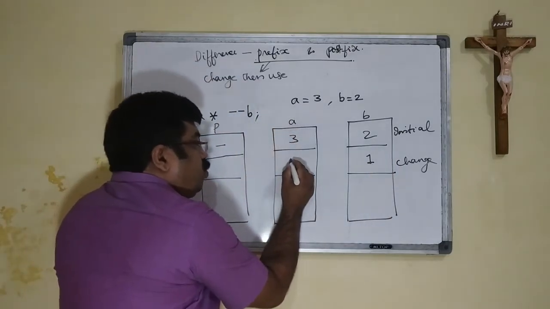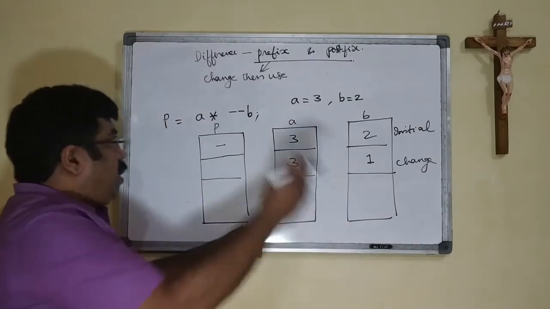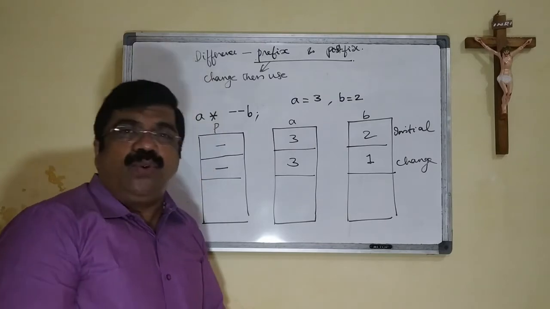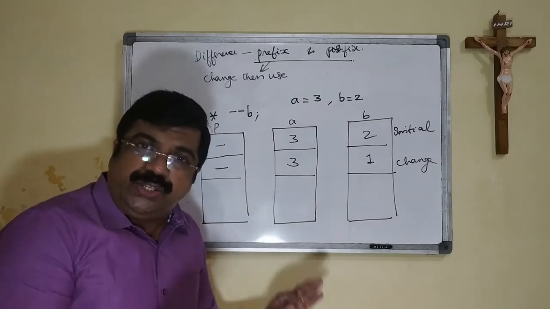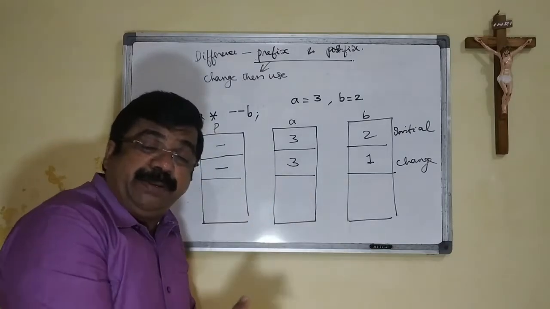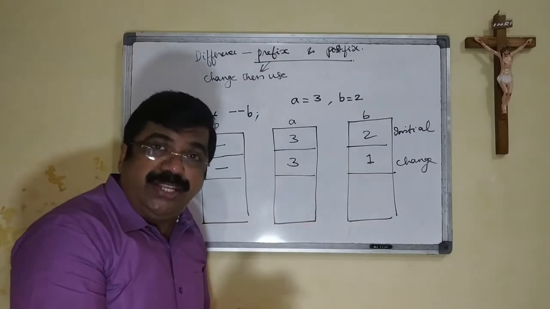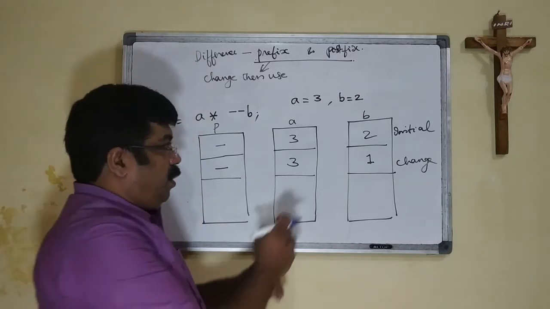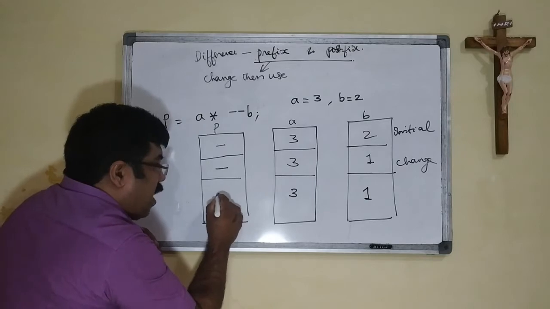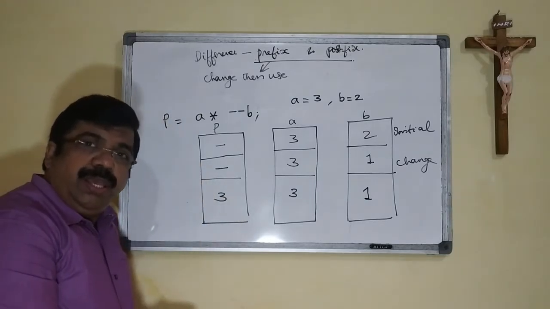The A is 3 and the left side value is not calculated. That is, using is not done so far. In the next step, after the change, comes the use step: 1 into 3, we get the product as 3.